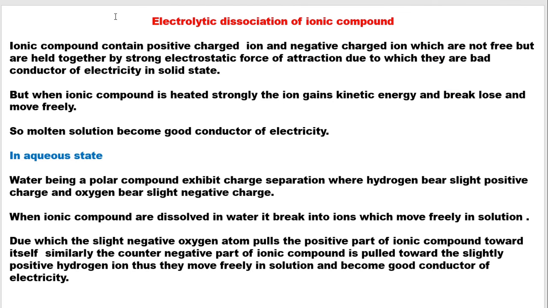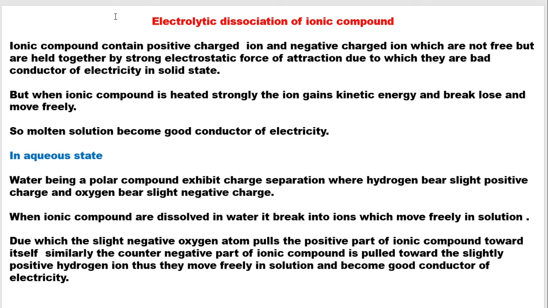Now, what is the whole process of electrolytic dissociation in an ionic compound? Ionic compounds, as we have read in the chemical bonding chapter, are compounds composed of positively charged ions and negatively charged ions which are not free to move about due to the strong electrostatic attraction between them. Therefore, in solid state, as they are strongly bound, they are not free to move.